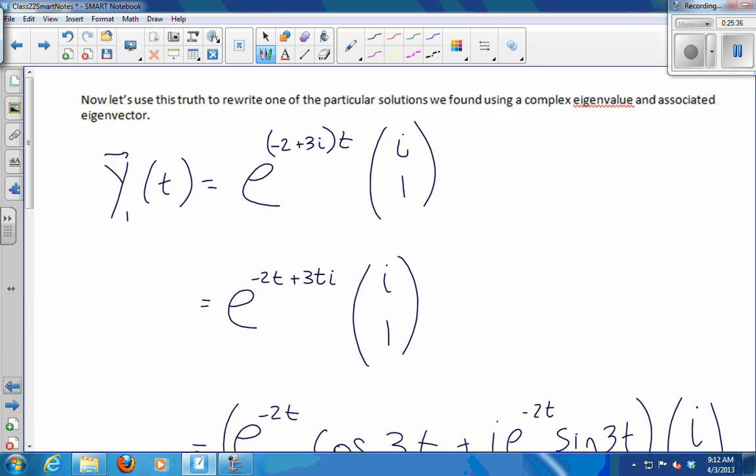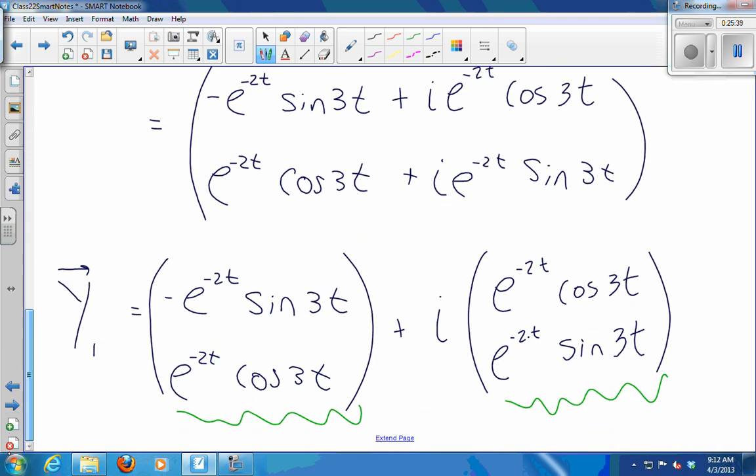So that means once I have my one particular solution written in this form, I can just grab these two vectors, and now I have two particular solutions, neither of which has complex numbers in it, right? Because I factored the i out, and it's the thing without the i that is also a solution. Just grab this vector, and you have two particular solutions.